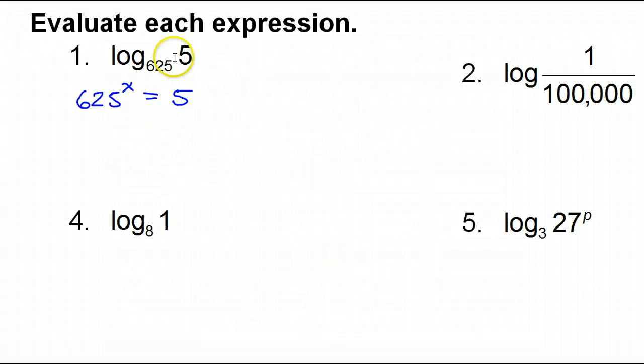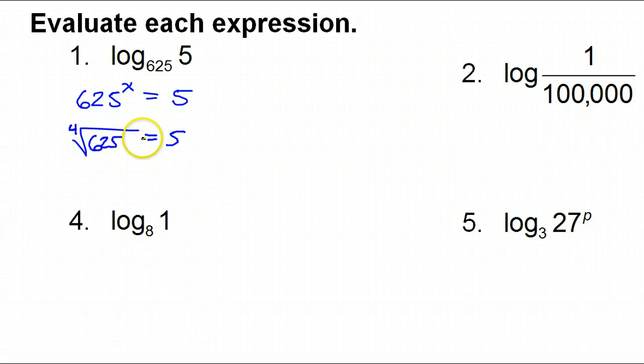Did you hear me? I'm going to say it again. The fourth root of 625 is 5. This is what we need to happen. But the fourth root is the same thing as the 1/4 power. So that's what this x needs to be, the 1/4 power.